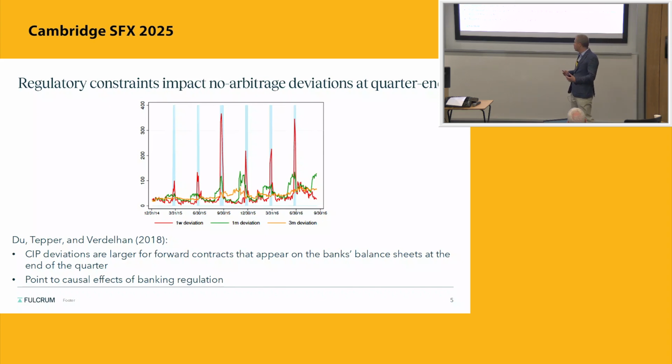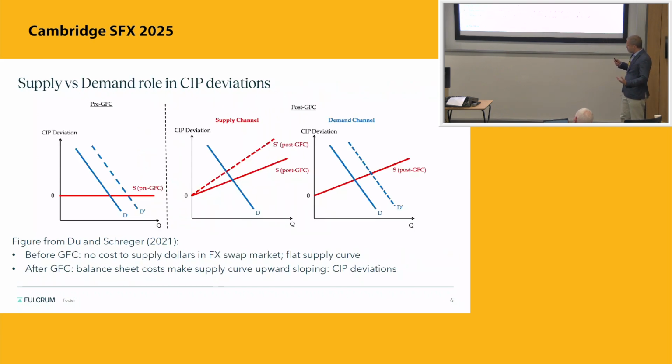And this points to causal effects of banking regulation. Now, this is another diagram that I took from another paper by Wenxin Du, but this time with Jesse Schrager in 2021. And it's a simple supply-demand diagram. This basically makes my argument in terms of the interpretation of the findings, or actually helps interpret the existing evidence.